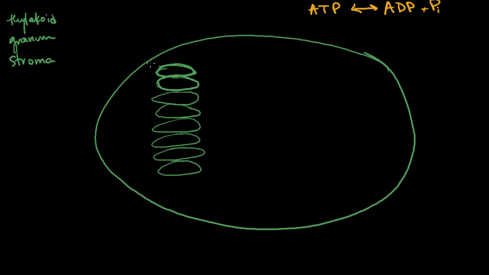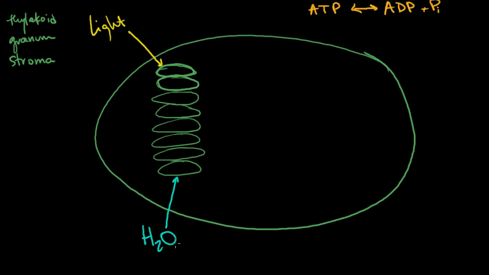I'll pick a color that stands out. So one of our reactants is light. So I'm just going to write the word light. So light provides energy to the thylakoid membrane, and it actually excites the water that also is coming into the thylakoid membrane.